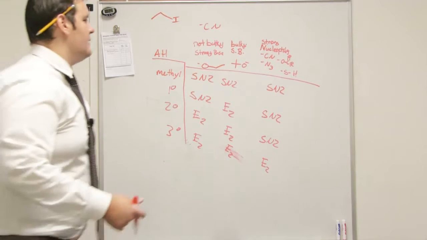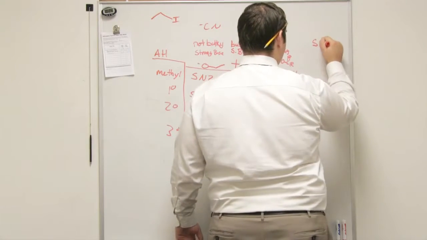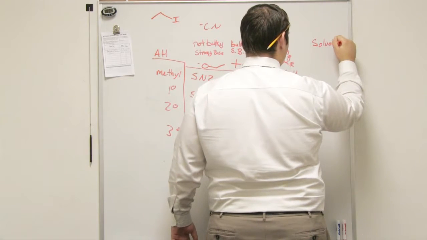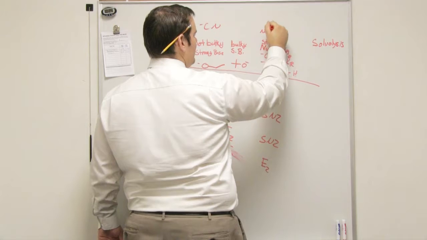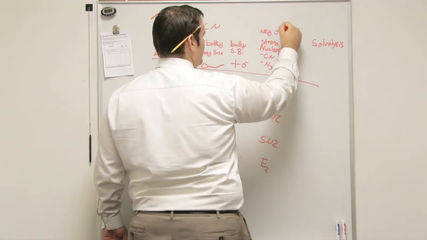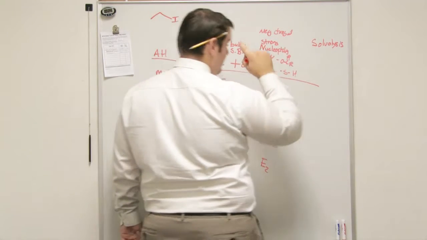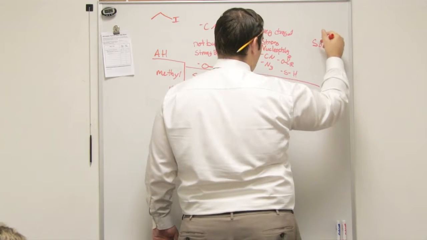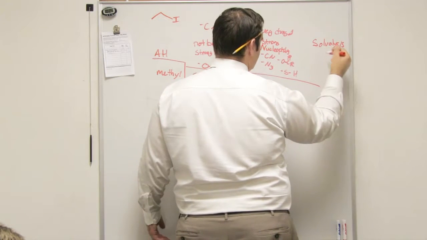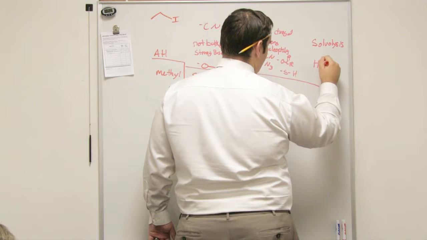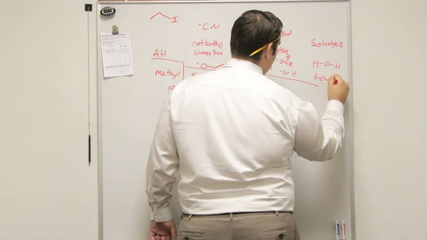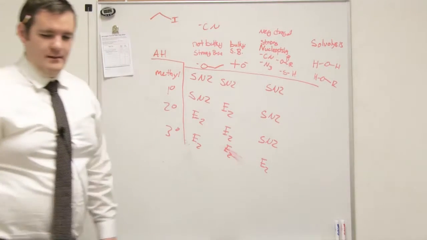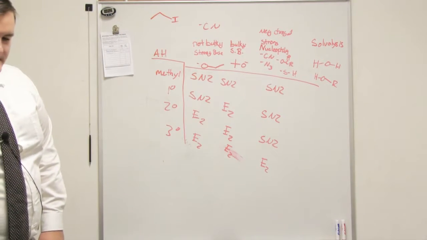Okay, and then we have what's called solvolysis. These are negatively charged when they're strong nucleophiles. Solvolysis is if they're not negatively charged. Really, the best way I have to explain it is if they're solvents, like your alcohol, water, they'll act by solvolysis.